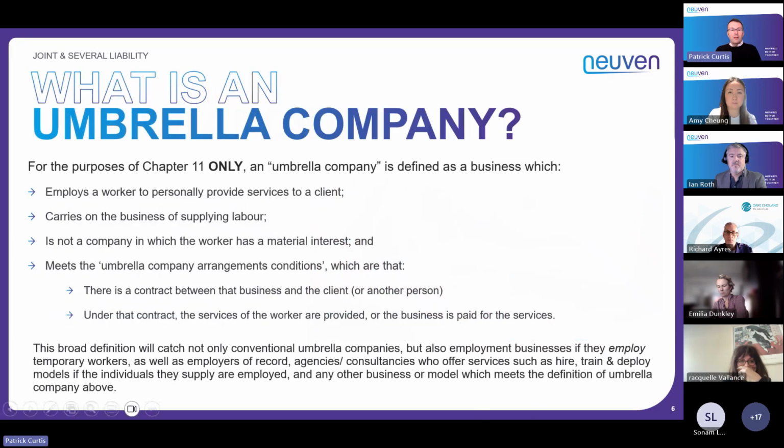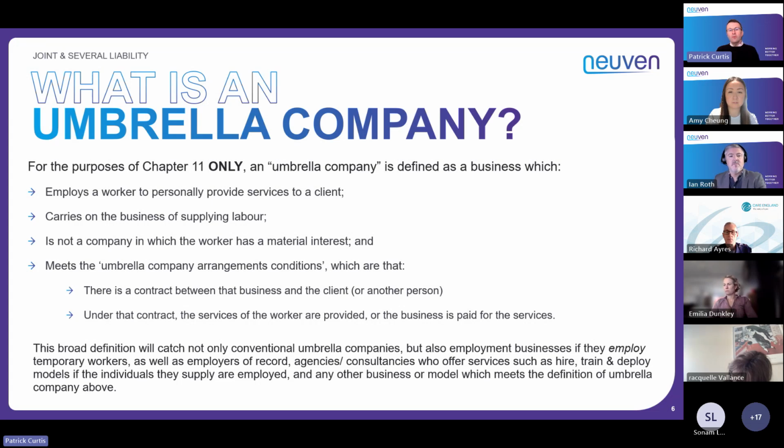So this is the first, well, it's all important. This is the first and probably most important slide for people to understand here, because up to now I've been talking about umbrella companies as we talk about them within the industry. It's a company further down the supply chain that employs workers and runs admin for agencies.